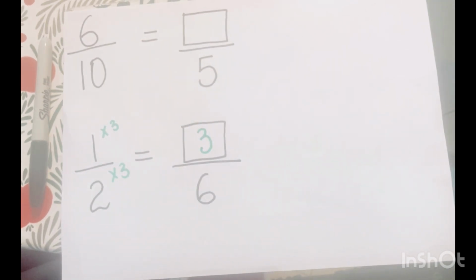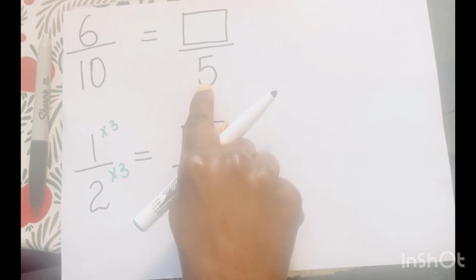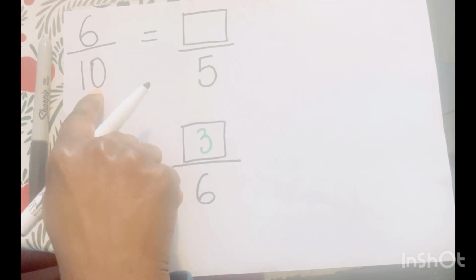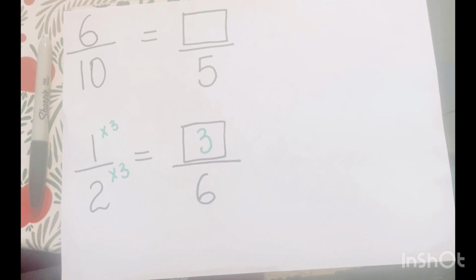Let's now look at 6 over 10, which is equal to box over 5. Now they swapped it around. So we want to find out what number we can multiply this denominator 5 by to get this denominator 10. If we go back to our multiplication table, we will see that it's 2.